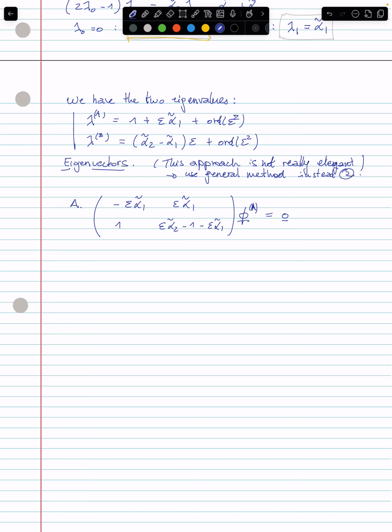All right, so one way to solve, well, in principle, you could use the first or the second line, and that should provide the same results.